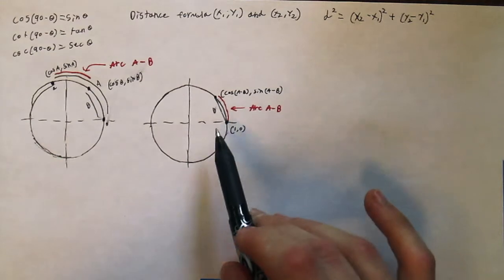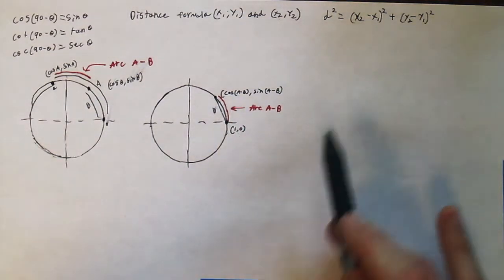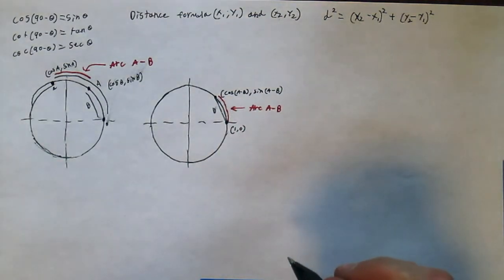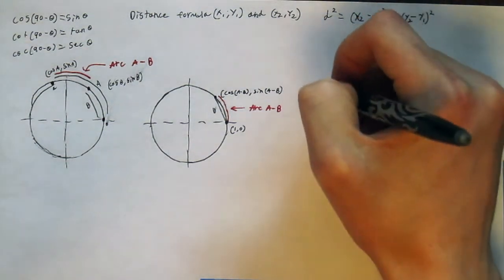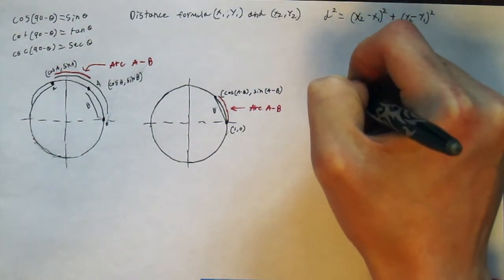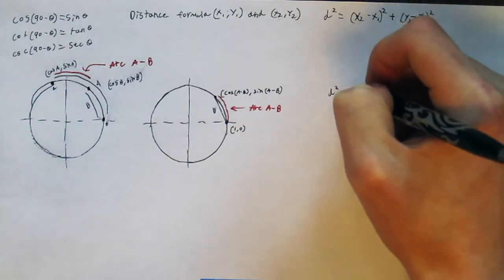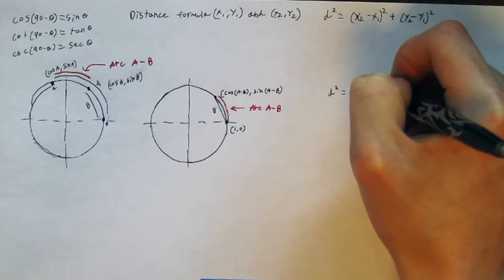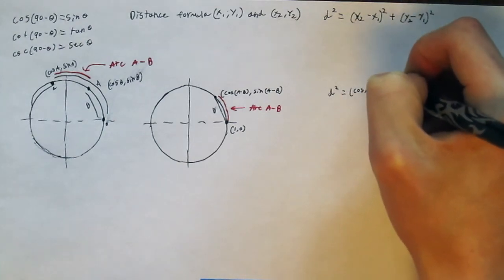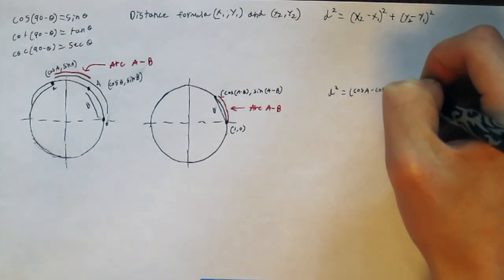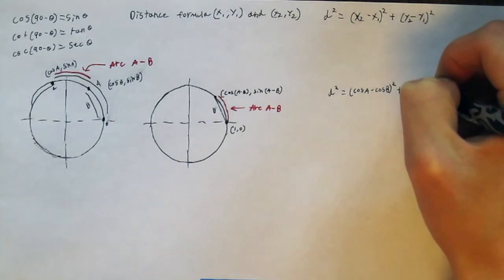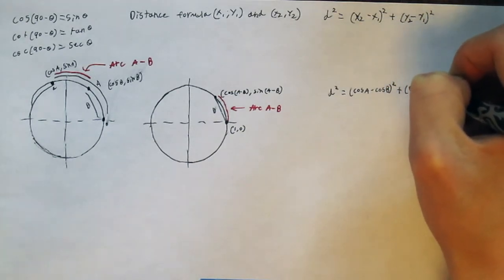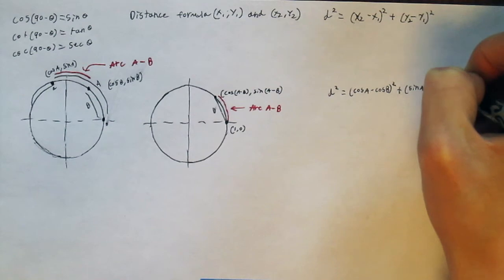So now we can plug these 2 points into the distance formula. And what we get is d squared equals cosine of A minus cosine of B squared plus sine A minus sine B squared.